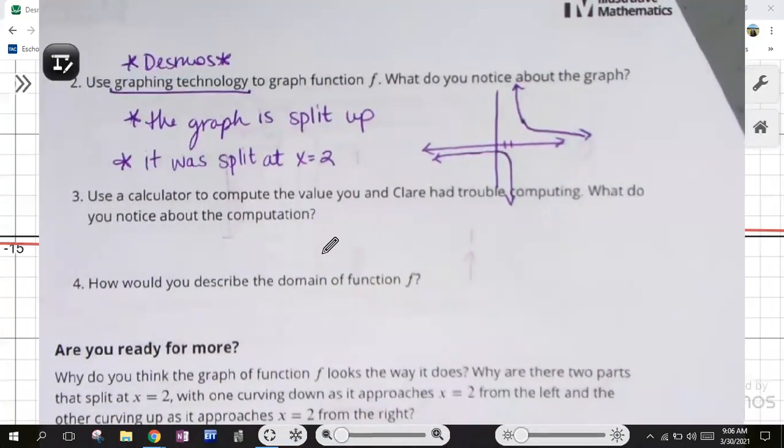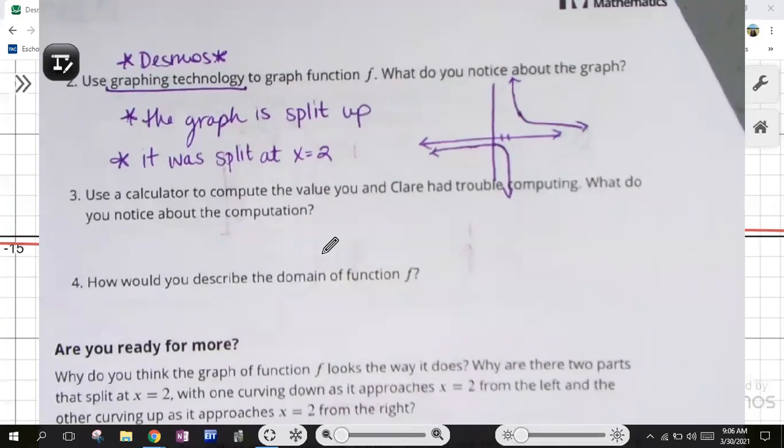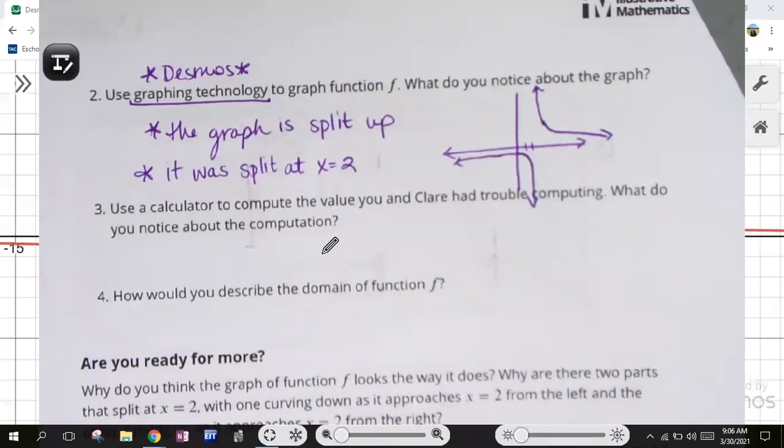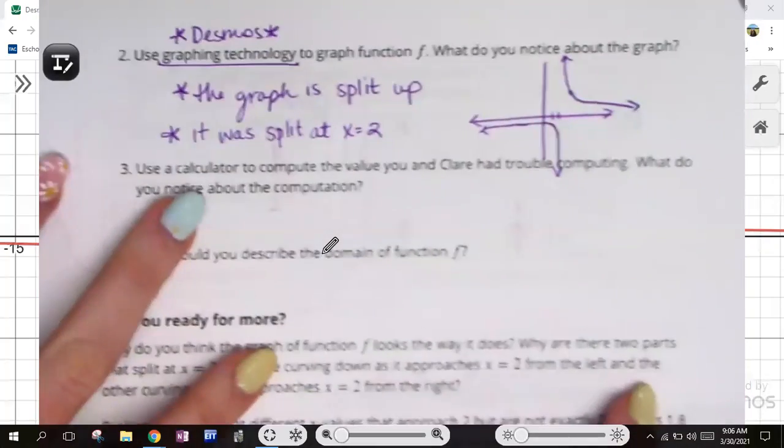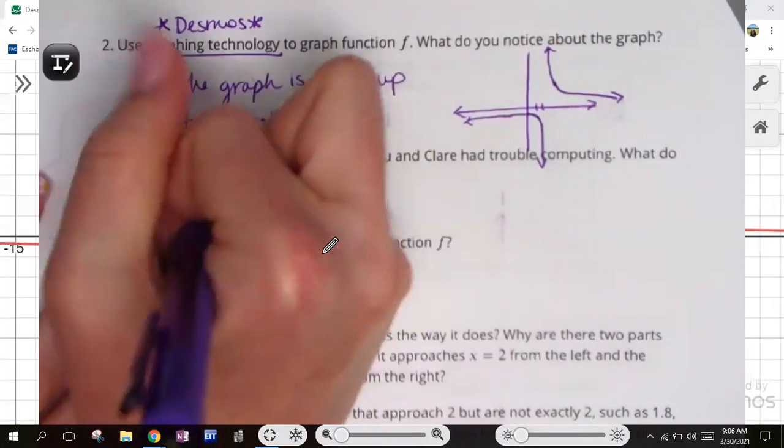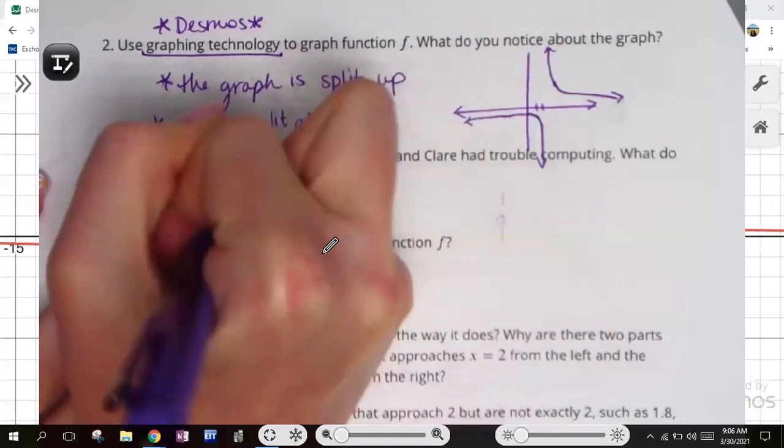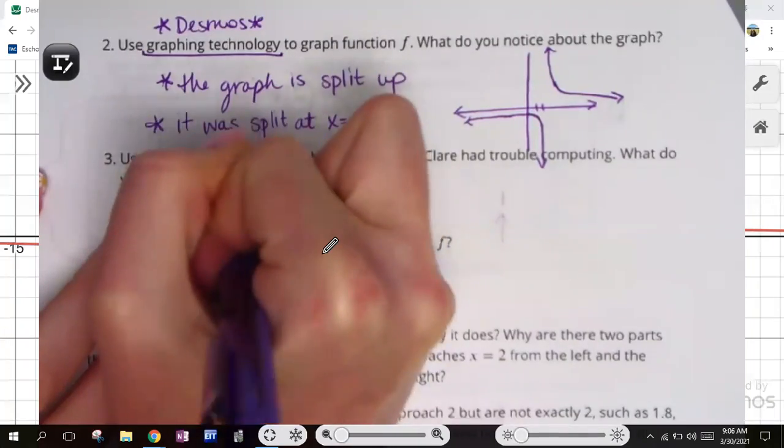Now it says use a calculator to compute the value you and Claire had trouble computing. What do you notice about the computation? What happened earlier when we put 2 into our function? What did our calculator say? Error, okay? So let's draw that out. We had f of 2 equals 6 divided by 2 minus 2.